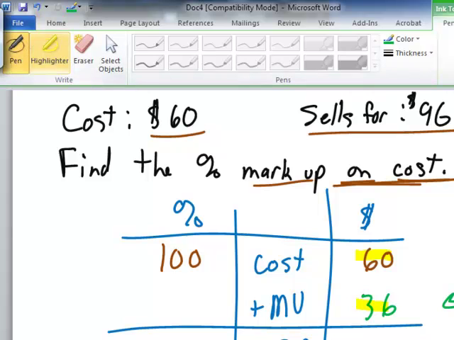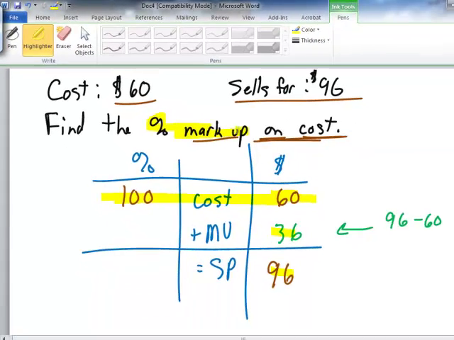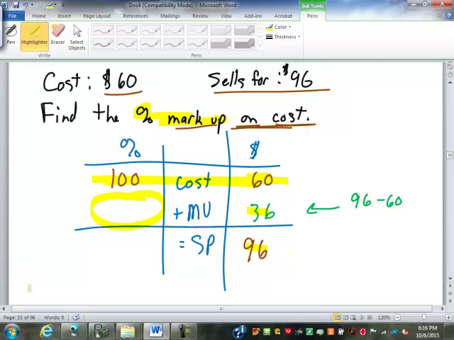Okay. Now again, we have to use the rows that we have both numbers for. That's the cost here, and the row that has the item we're looking for. We are looking for the percent markup. That's this one right here. So that means we don't need the bottom row for now, the selling price row. So we will cross multiply. What two numbers get multiplied?